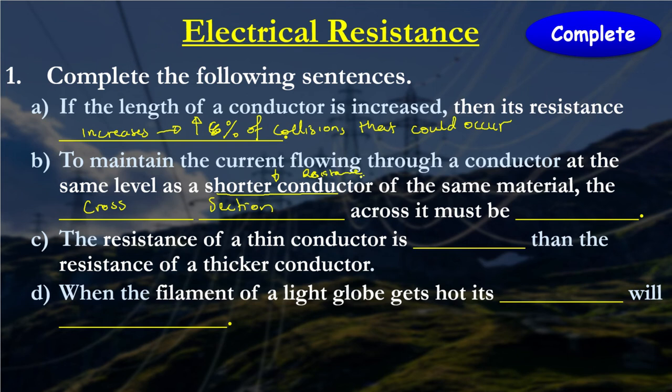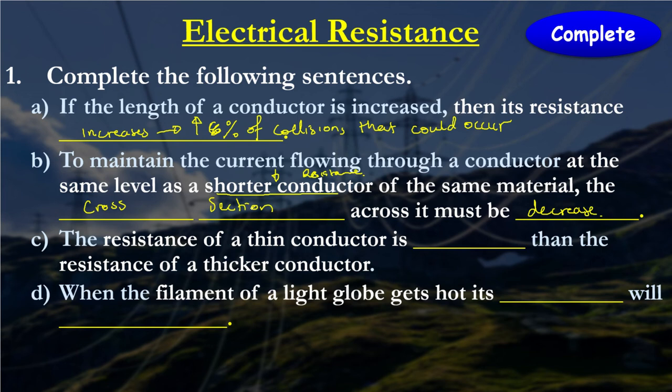And so in terms of the cross section, we must also decrease our cross section in order to increase the resistance to maintain the current flow.